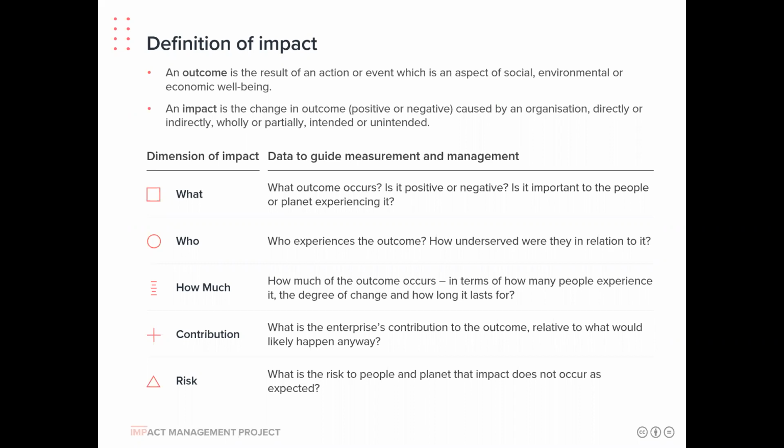So those dimensions come up time and time again as the ideal complete set of information you would want about a particular impact to understand it fully, and to compare it appropriately, so that you're comparing apples to apples, rather than comparing two impacts based on the outcome alone, where those outcomes could be occurring for populations with very different baselines.